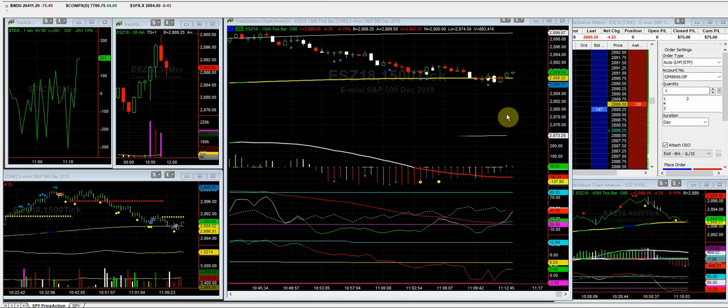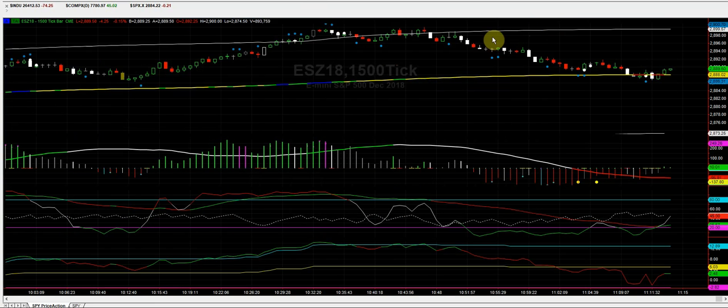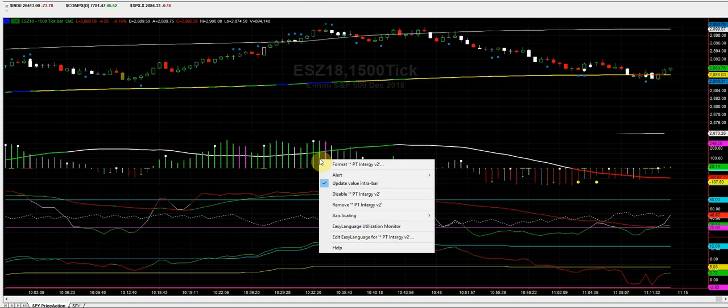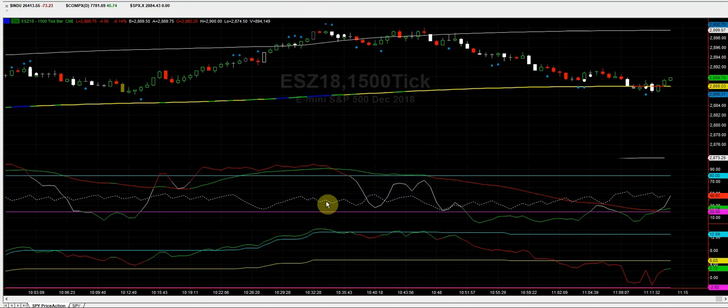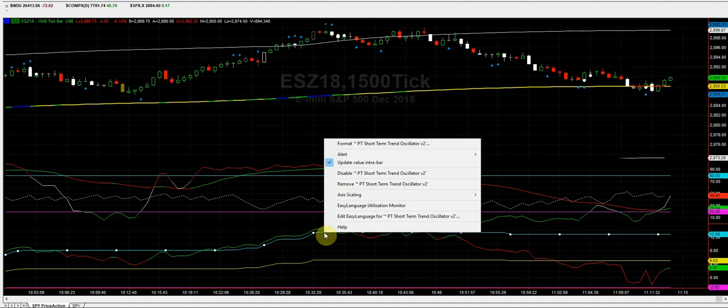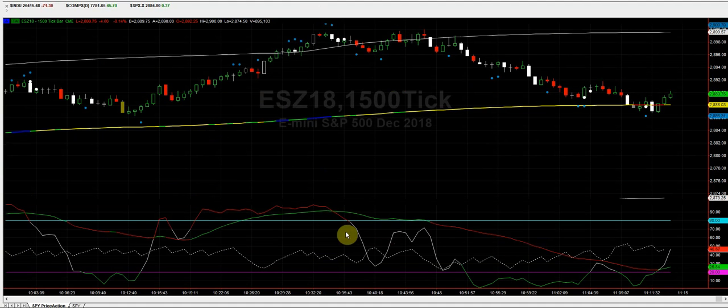So in order to home in on that, let's expand this screen. Let's get rid of the effort indicator here. We'll just disable that, and this is the short-term trend oscillator. We'll just disable that, and we're going to focus in on the momentum oscillator here.